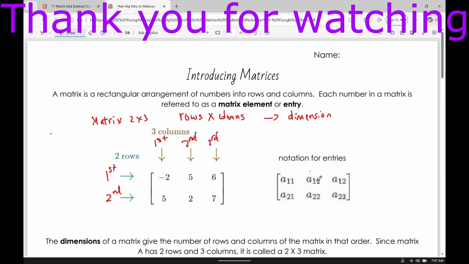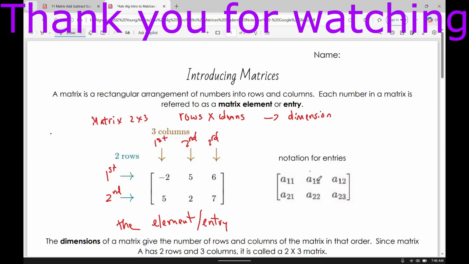Now moving on to how to find the elements. Each of these numbers right there, we call an element, or we call it an entry.